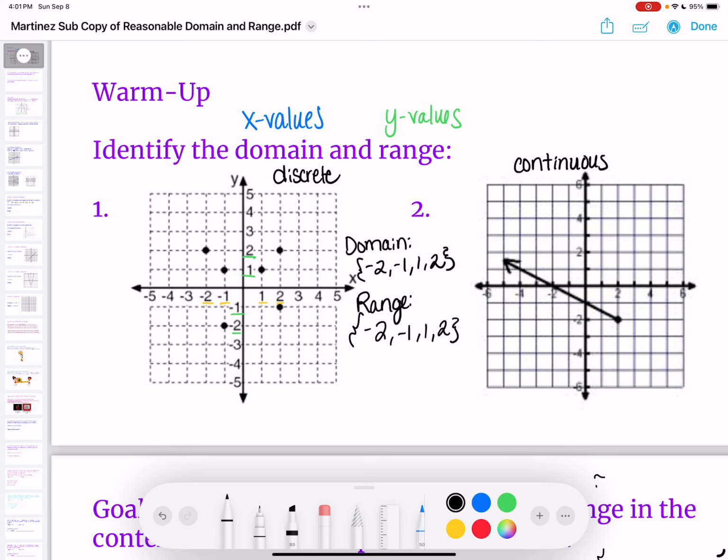So it does look a little bit different when it comes to over here. Okay, so for continuous, once again, we're going to start with domain first. So this is for number 1. And then I'll draw a little arrow up here. So this is the domain. So the domain over here is going to look at the x-axis. So I have no number on the left side. You could represent it with negative infinity, but for simplification purposes, we're not going to do that.